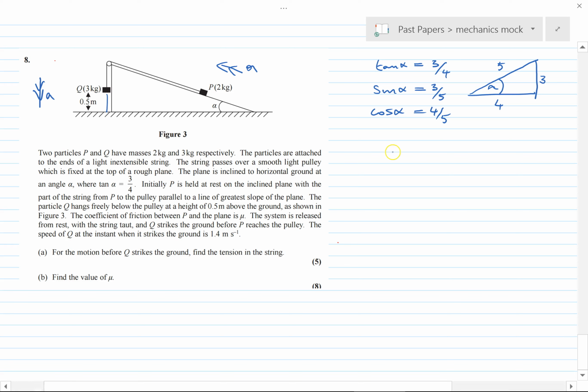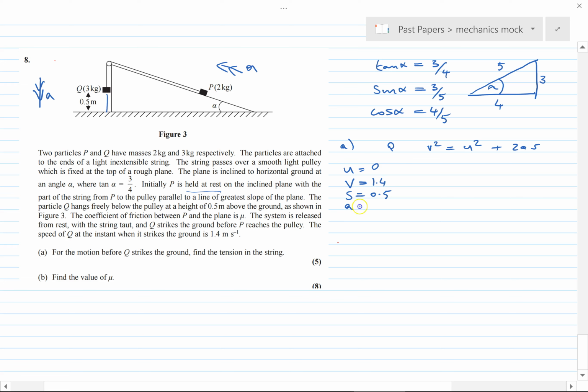Okay, so we're doing part A now. So let's just apply v squared equals u squared plus 2as. We know because it's starting at rest, it does say that somewhere, you'll see it's held at rest, so u is equal to 0. We're told that it finishes at 1.4 when it's dropped to the floor, which is 0.5.